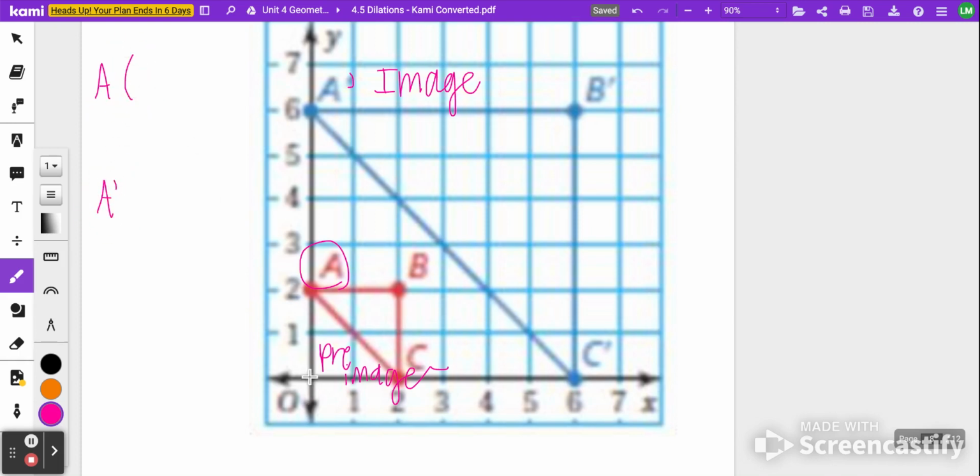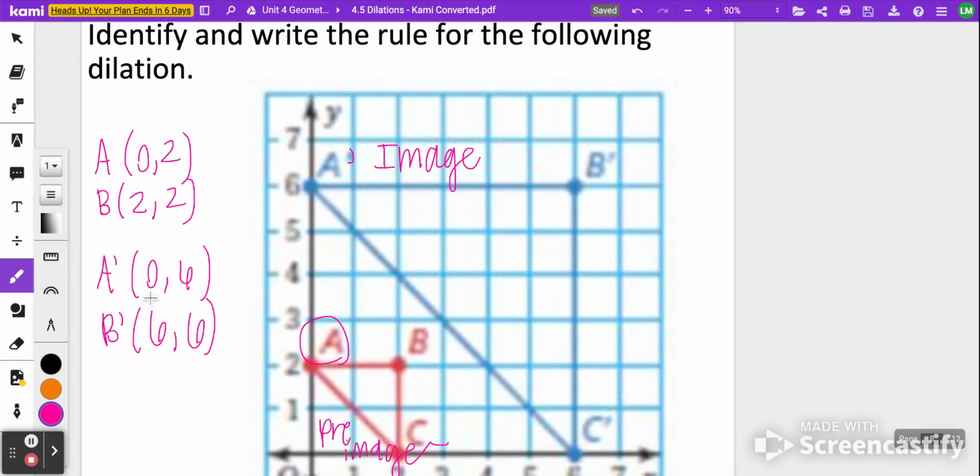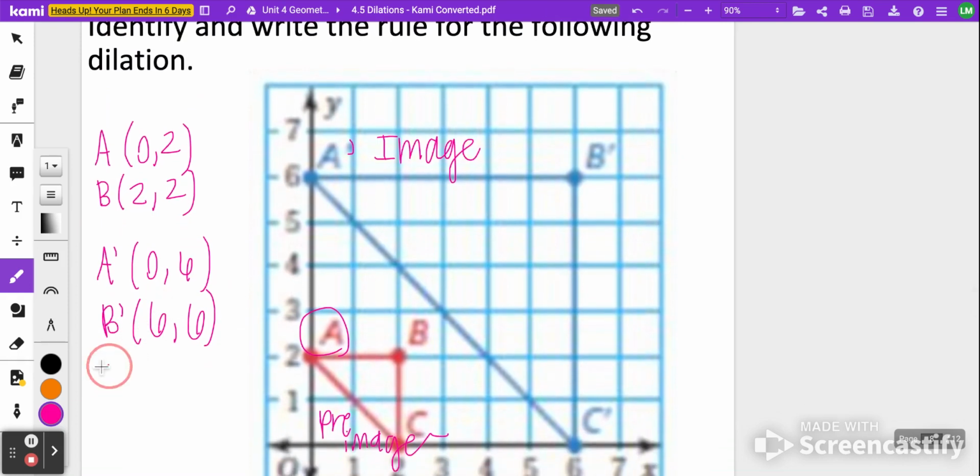Right now, letter A is at 0, 2, and A prime is at 0, 6. You can even look at how B changed. B was at first at 2, 2, and now B prime is at 6, 6. How this dilation happened is we would consider this an enlargement because the previous image or the pre-image was smaller and then it grew to be a larger image.